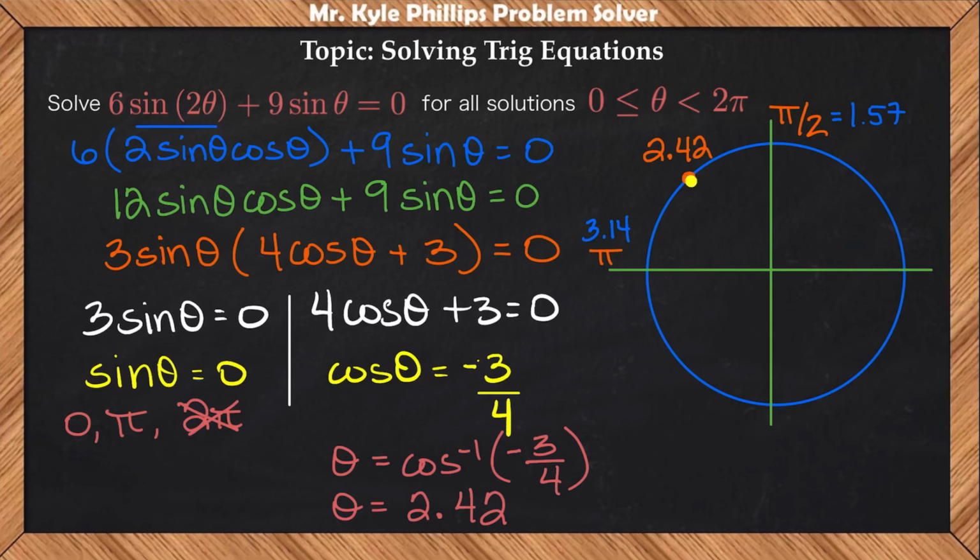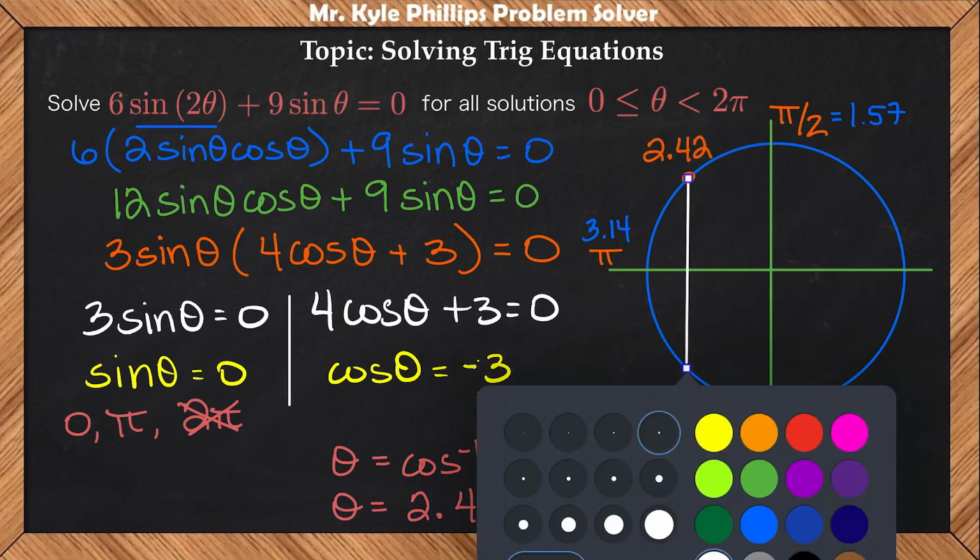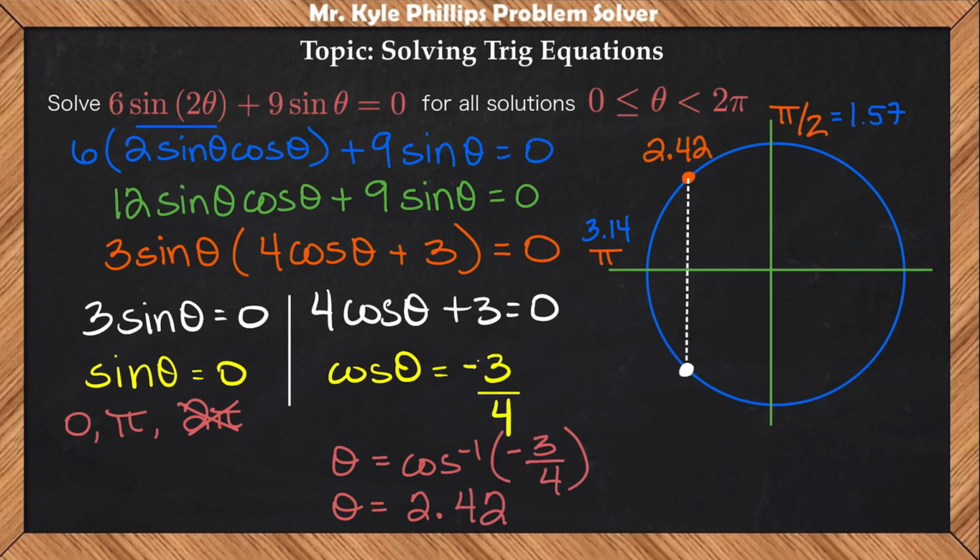Now, we know that x values are the same here, and they're the same on a vertical line. So if I brought a straight line right here, these x values are going to be the same. 2.42, like I said, is the radian, so that's the distance you walked. Okay, so this x value, this horizontal distance from the y-axis, is going to be the same here, and it's going to be the exact same right here.